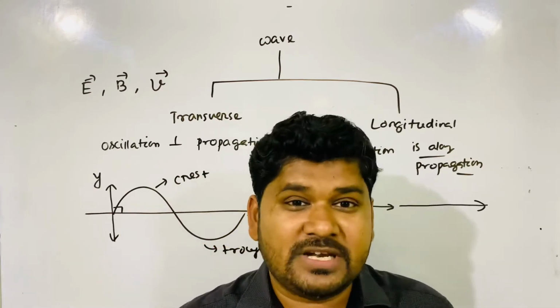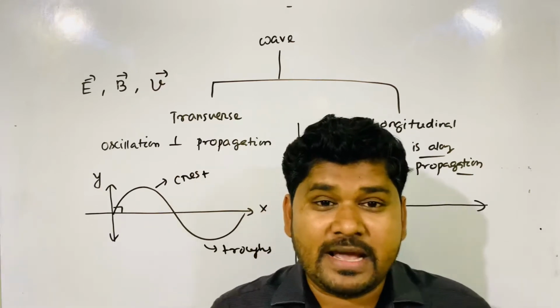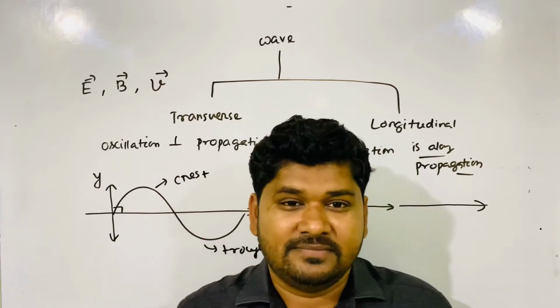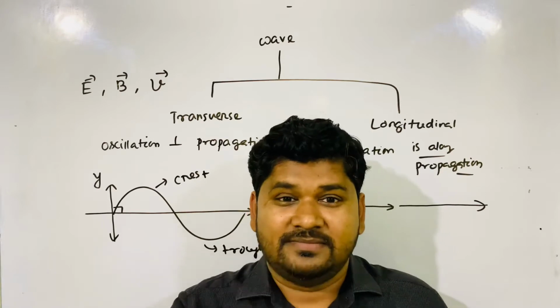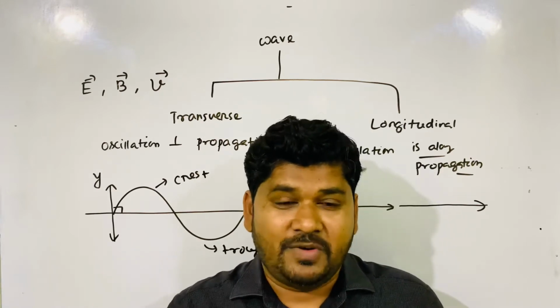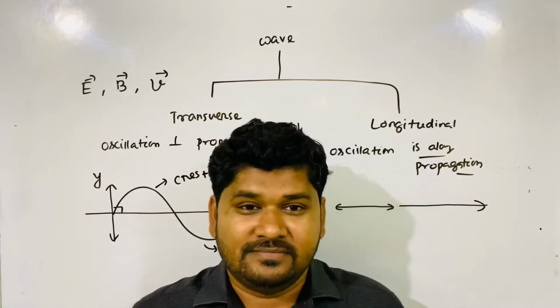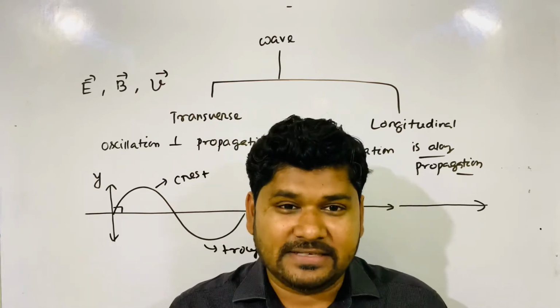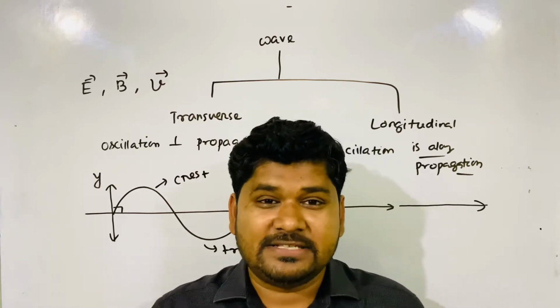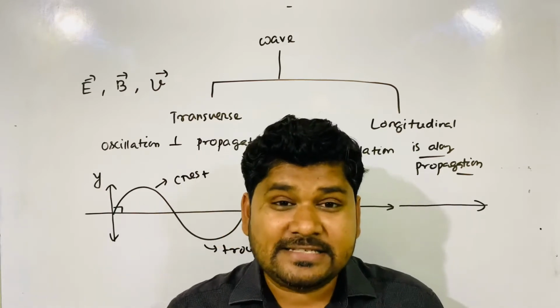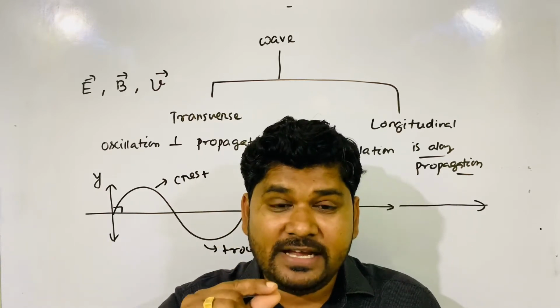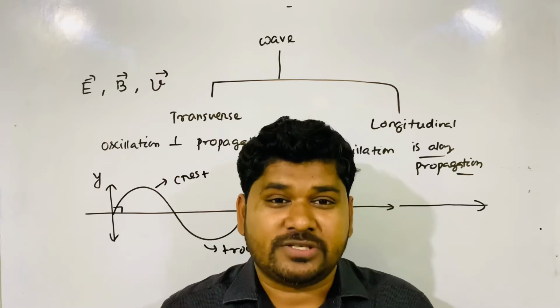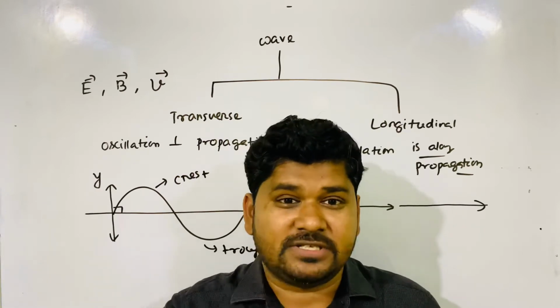How is the sound wave a longitudinal wave? When I am telling something, try to understand. When a teacher is telling something in a physics class, the teacher is exerting pressure.